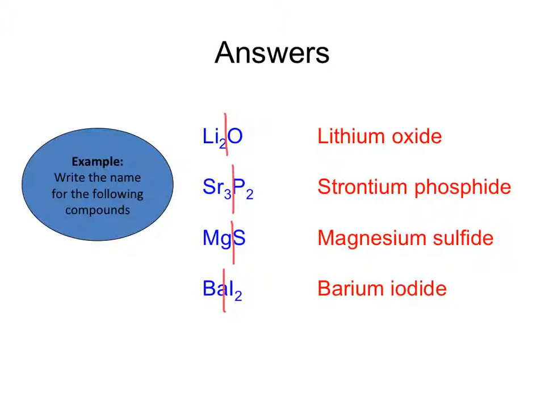And because each first element is a metal and each second element is a nonmetal, I'm going to follow the rules we just worked with. The metal gets the regular element name, and the nonmetal ends in "ide." So the first one is lithium oxide, the next one is strontium phosphide, the third one is magnesium sulfide, and the fourth one is barium iodide.